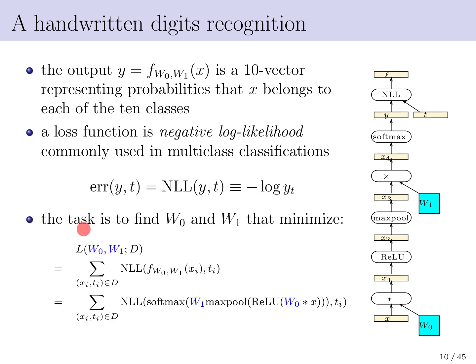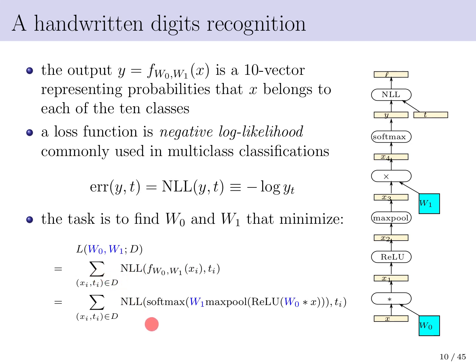But anyway, the task then is to find those weights W0 and W1 that minimize the sum of losses over the entire data set, which is this. This is the output by the model, or the function you are trying to obtain by training. And the true label, take the negative log likelihood and sum over them, right?